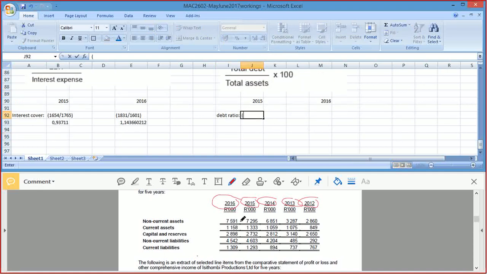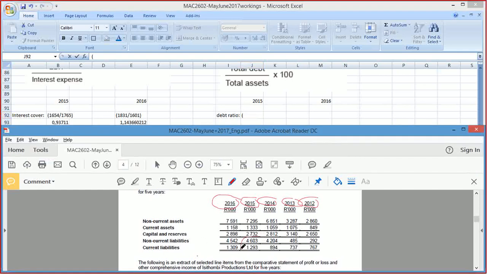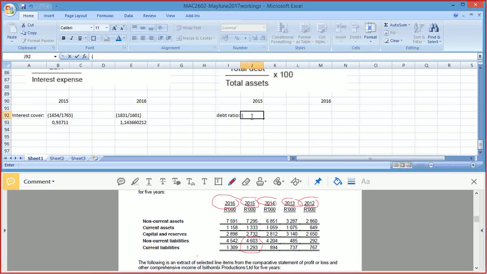Total debt in 2015 is non-current liabilities plus current: (4603 plus 1293) over total assets, non-current plus current, 7295 plus 1333. Okay, that gives me a debt ratio of that.